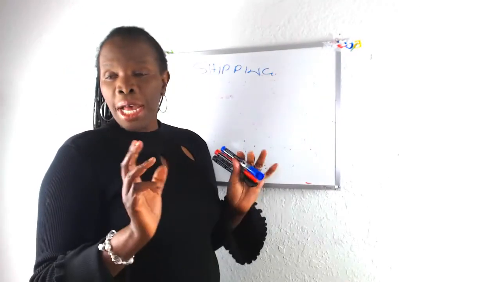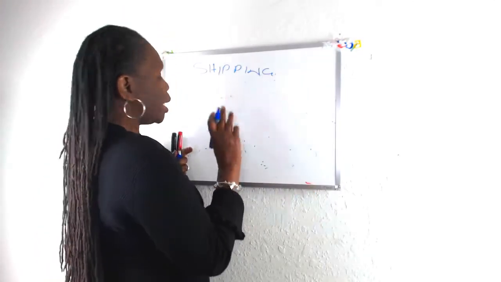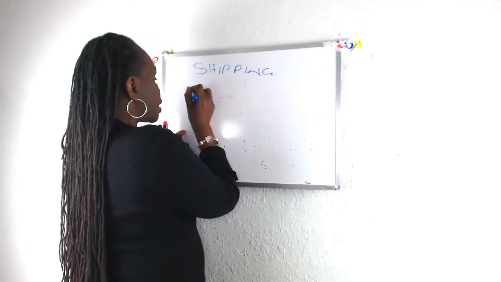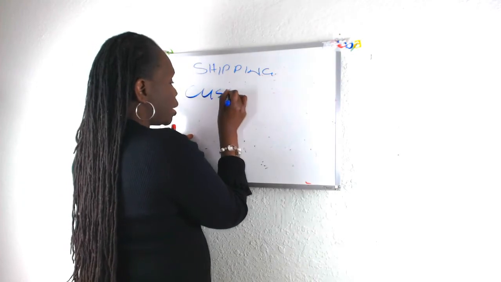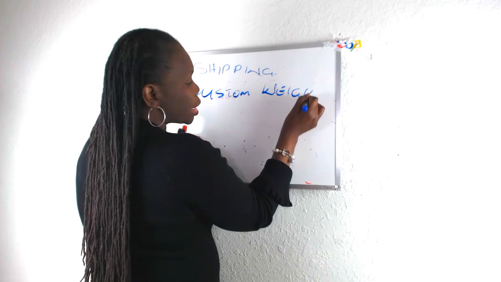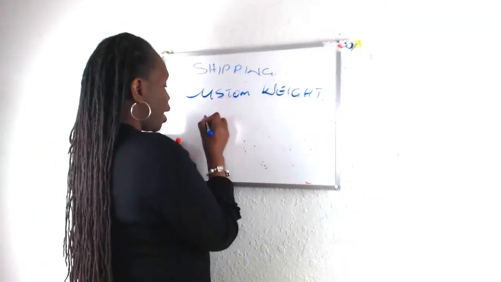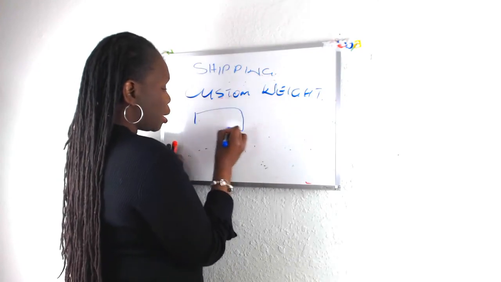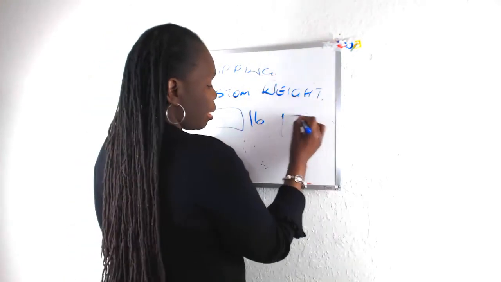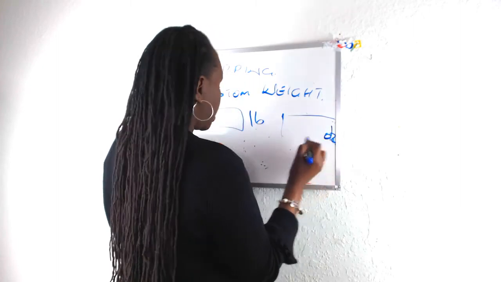So moving on, you come to the weight. The first thing you're going to see is the irregular size packages option; leave that alone. You are going to see where it says custom weight. It will have a blank box with a pound sign, and then another blank box with ounces, OZ.